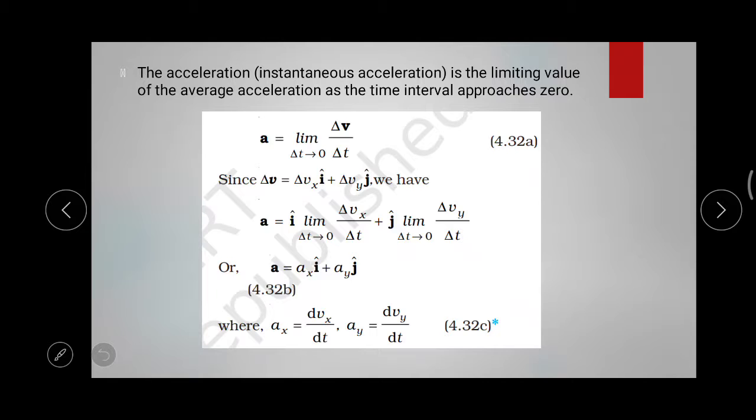Where the ax value is equal to dvx by dt, or d square x divided by dt square, or d by dt of vx. That is the instantaneous acceleration. So here also the instantaneous acceleration has two components, as it is in a plane, or two-dimensional motion. The ax value is dvx by dt, and the ay value will be equal to dvy by dt.